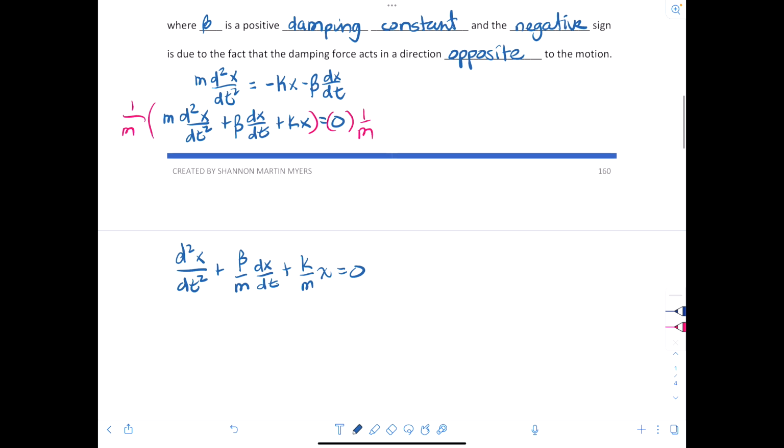Now we're going to let 2 lambda be equal to beta over m, again for ease of solving the quadratic equation, and omega squared, if you recall from the last section, is equal to k over m. So we'll rewrite this equation with lambda and omega.